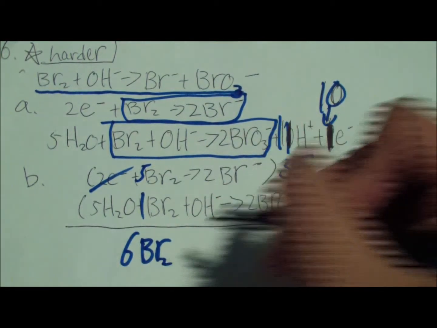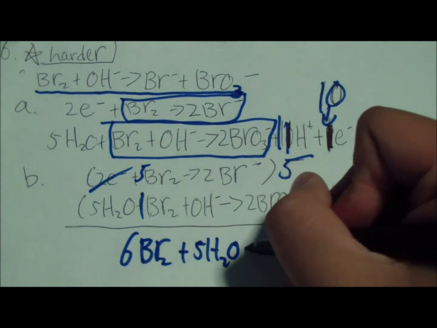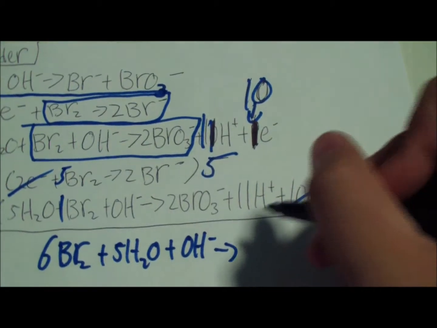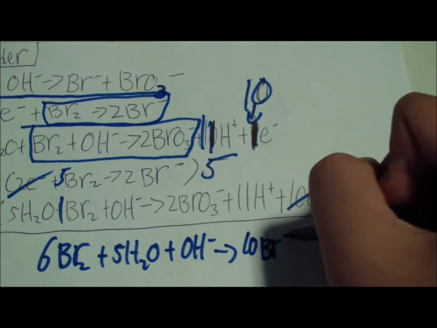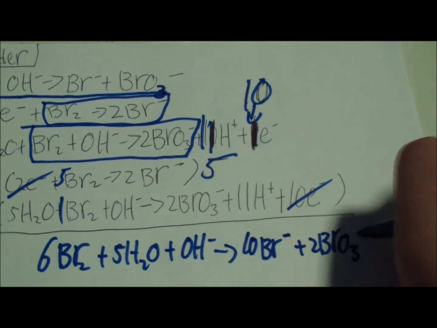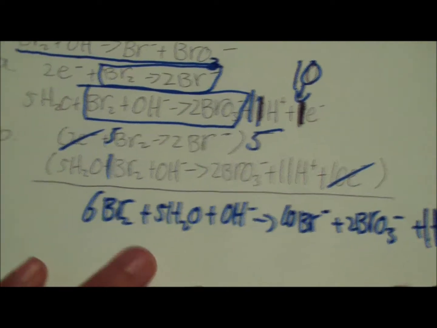So 6Br2 plus 5H2O plus OH minus equals 10 Br minus plus 2BrO3 minus plus 11 H plus. Hey, you see it? Alright.